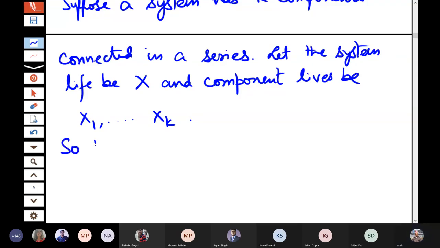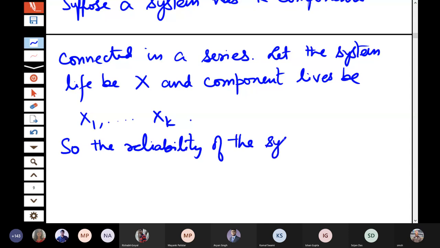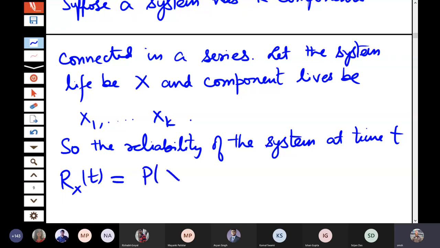So the reliability at time t, that is Rx(t), that is probability x greater than t.